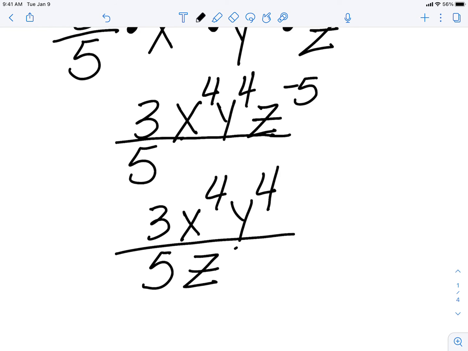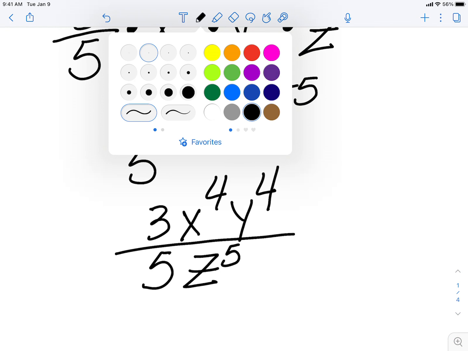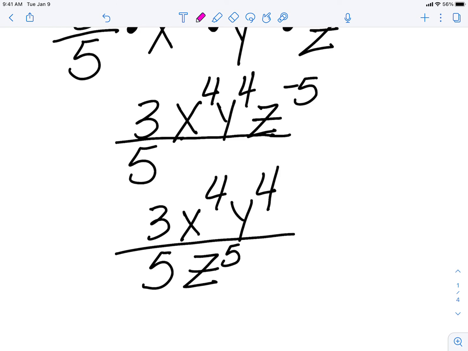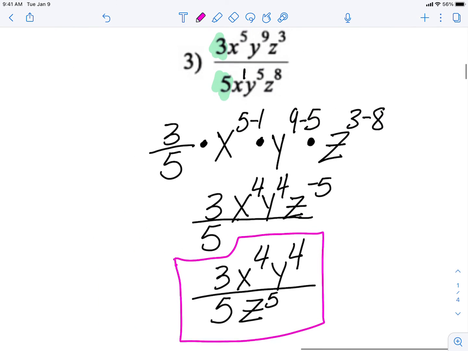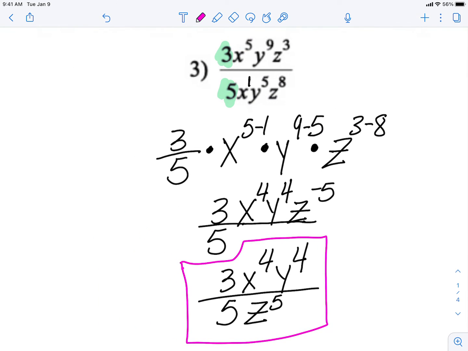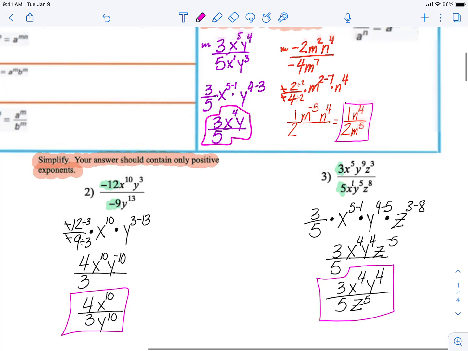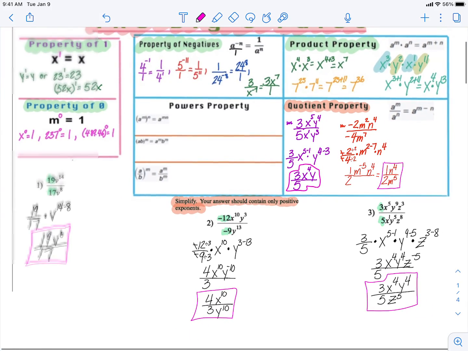That's a terrible 5, guys. There you go. And that right here, kiddos, is our number 3 simplified. Look at that. With only positive exponents, right? Only positive exponents.